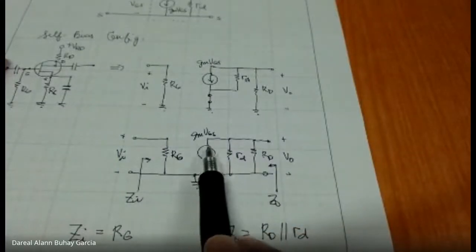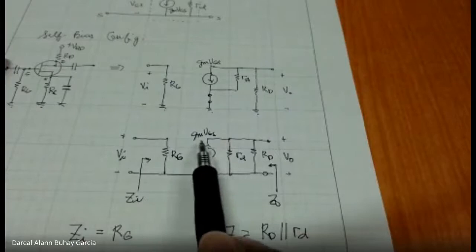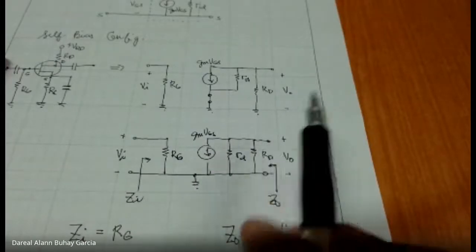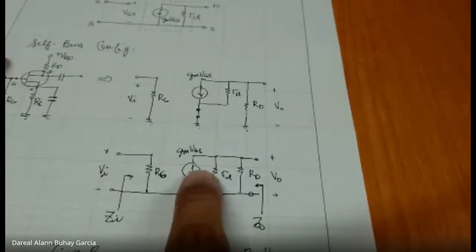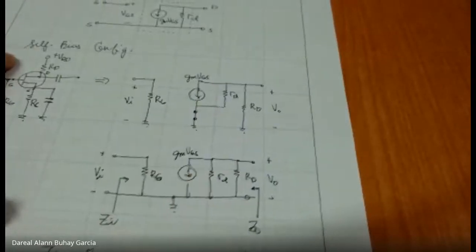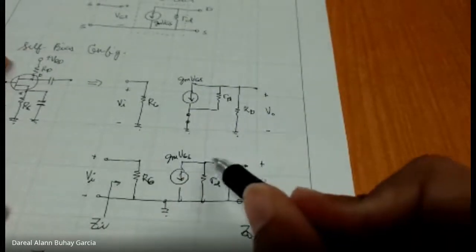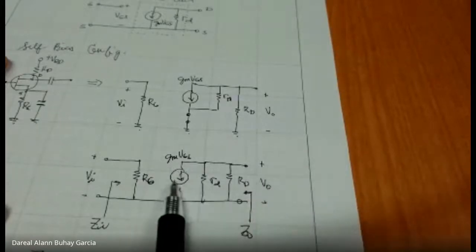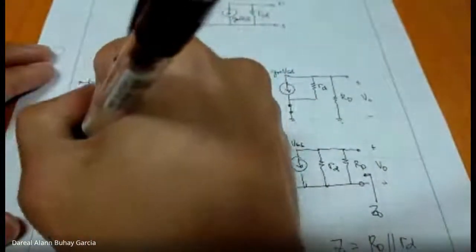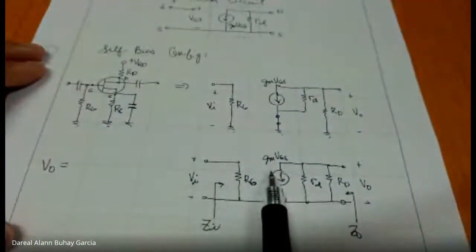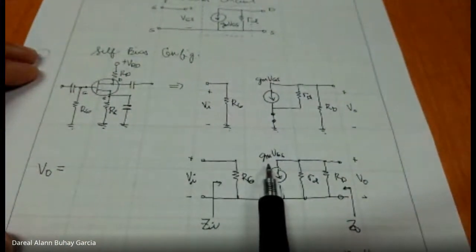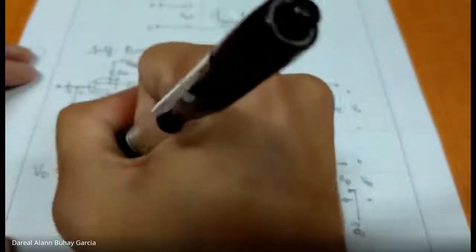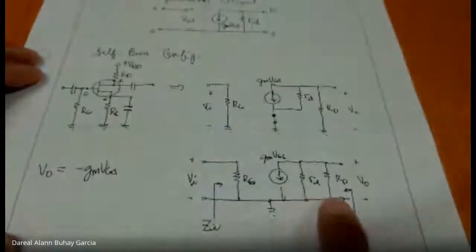Negative VG, negative V, say voltage drop here sa VO is ano ang current pa no? So VO is the current. Supposedly VO is measured current man nga flow dire. So negative gmVgs. VO is equal to negative gmVgs times RD parallel rd. Okay.